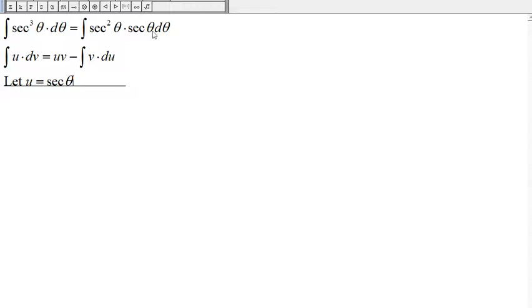So let u be secant of theta, and the rest of it, secant square d theta, we'll call dv. Recall that to use integration by parts, we look at our integrand, pick something and label it u, and then the rest of it is the dv.